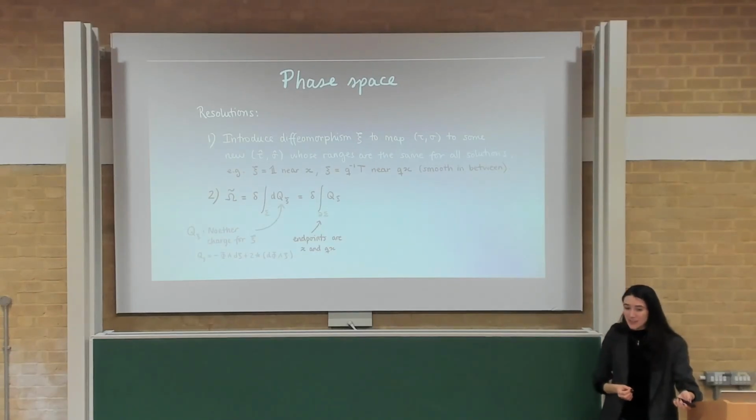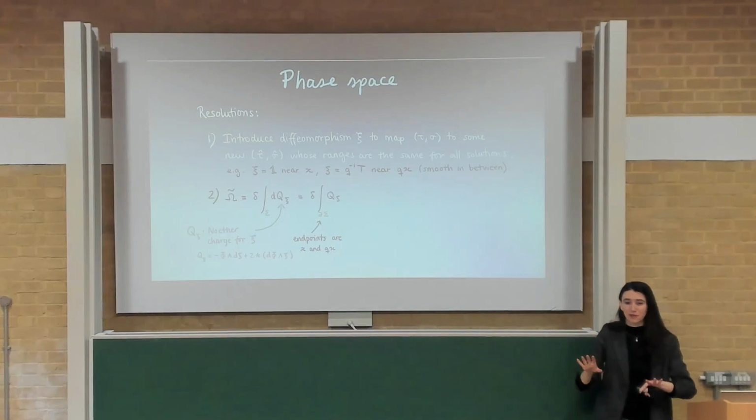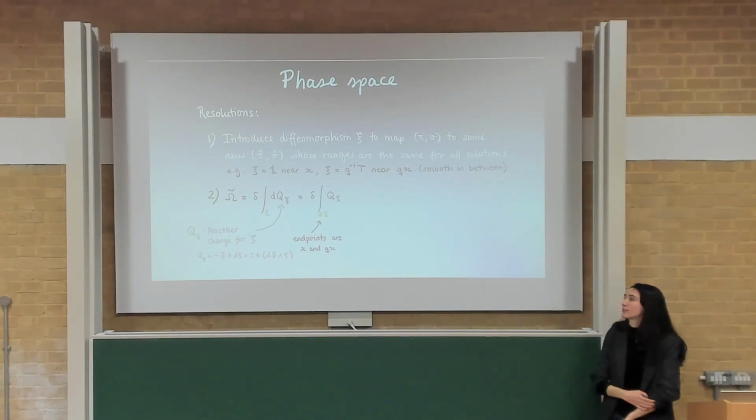For the second point, it actually turns out that this total derivative that we need to integrate over the Cauchy slice is the total exterior derivative in spacetime. That's the regular d is exterior derivative in spacetime, the curvy d in phase space. You don't have to worry too much about it, but just to clarify the notation.